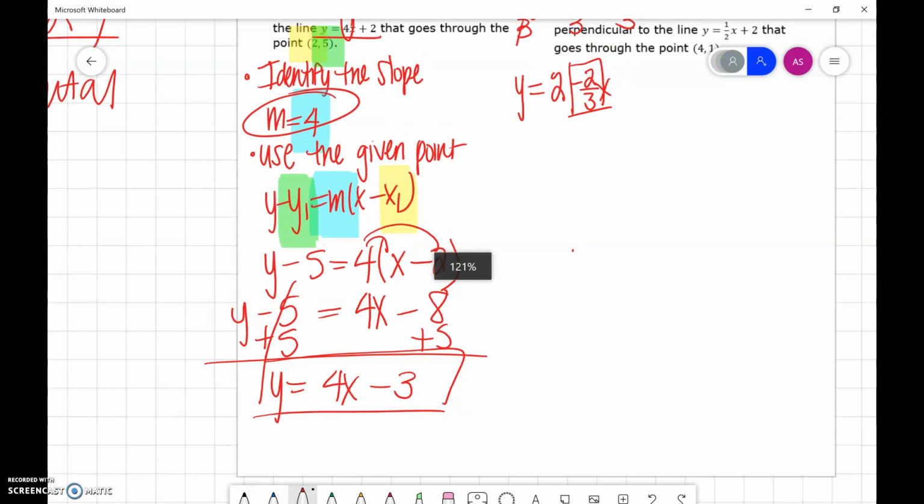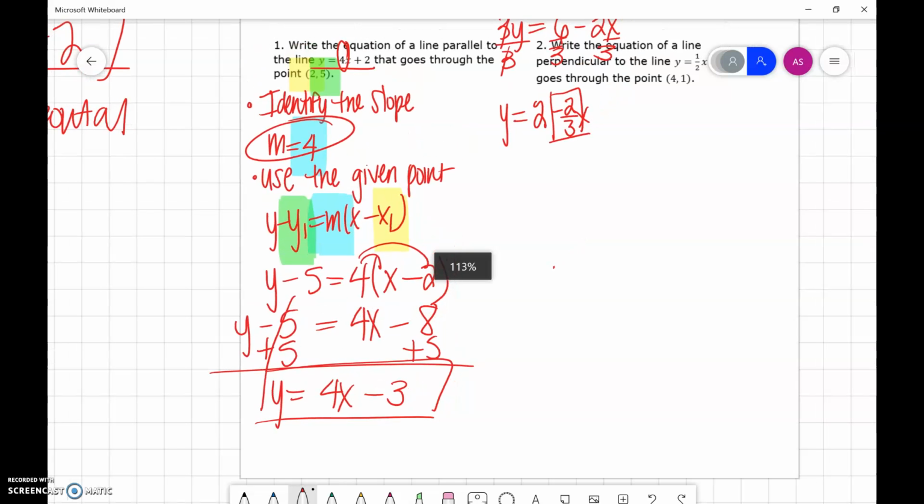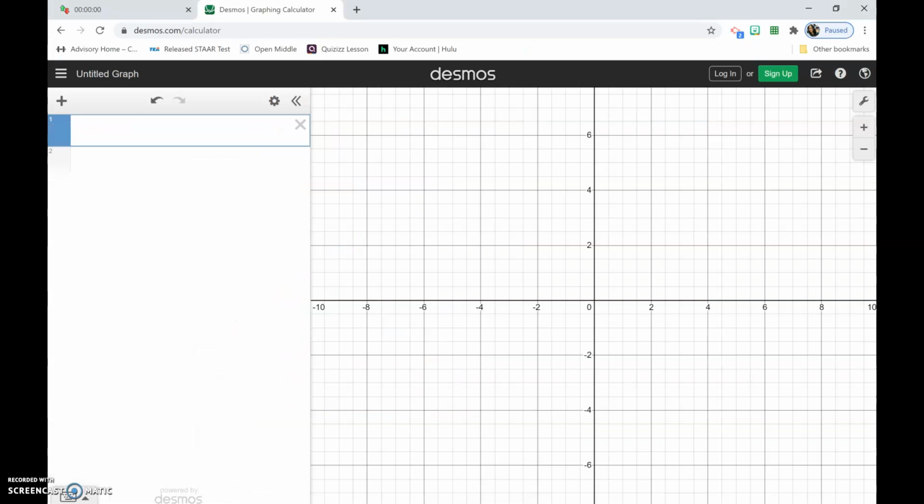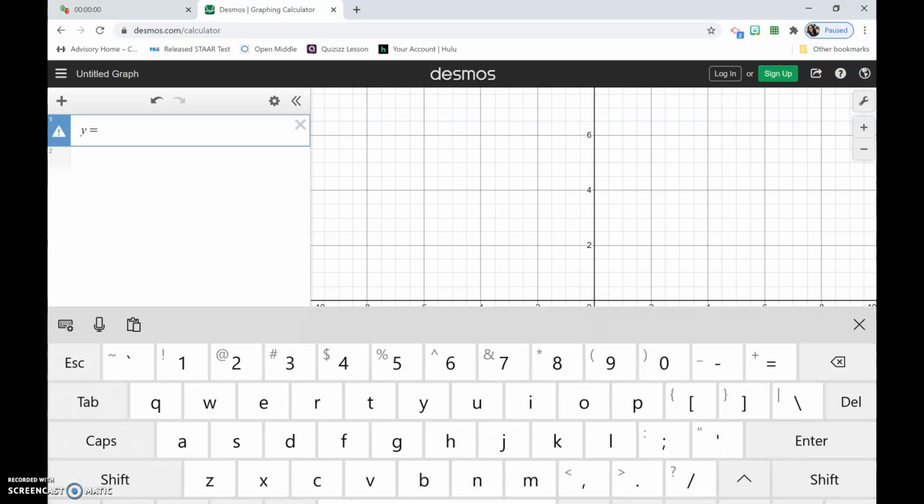Okay. Now, one thing I want to do before we move on is I want to go to Desmos so you can actually see what's going on here. Go to Desmos really quick, and you're going to just type in the equation that they gave you from the get-go. My equation was y equals 4x plus 2.